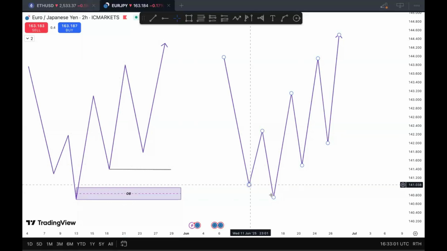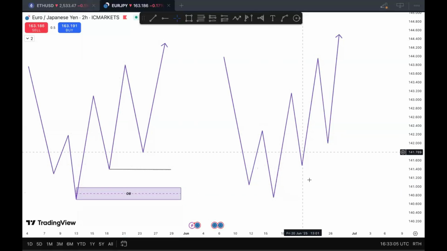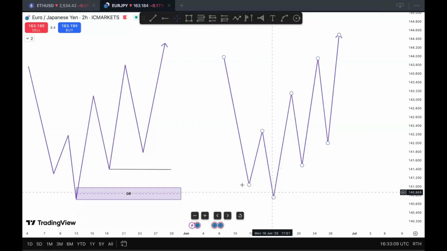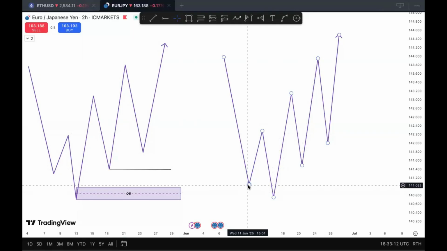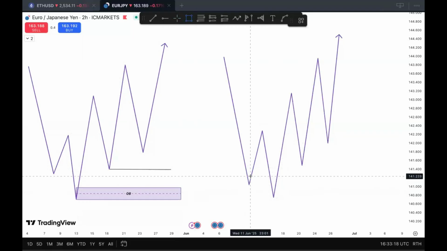But a case where you have your structural liquidity and the last break of structure is not far from the main low, which is this. This is the main low. This is the last low, and the last low is your structural liquidity. If it's not far from your main low, you take this as your entry.